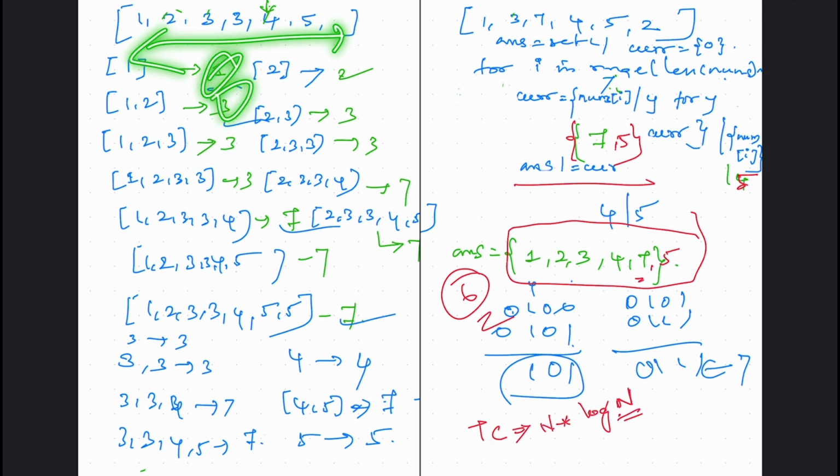It will be somewhat lesser than n, so we are taking log n. Space complexity is order of 1.